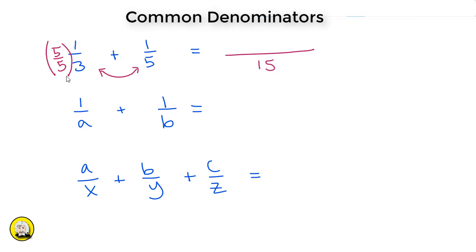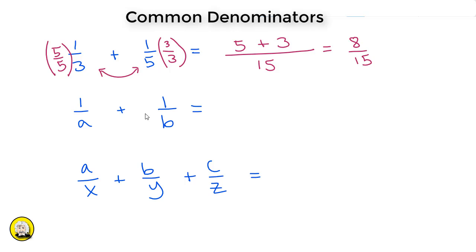But in this case, that 1 will be 5 over 5 multiplied by 1/3, and 3 over 3 multiplied by 1/5. Essentially becomes 5 times 1, 5 fifteenths, plus 3 times 1, 3 fifteenths, summation of which is simply 8 fifteenths.